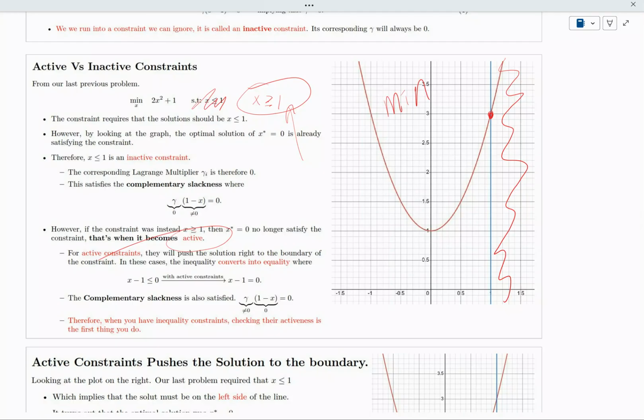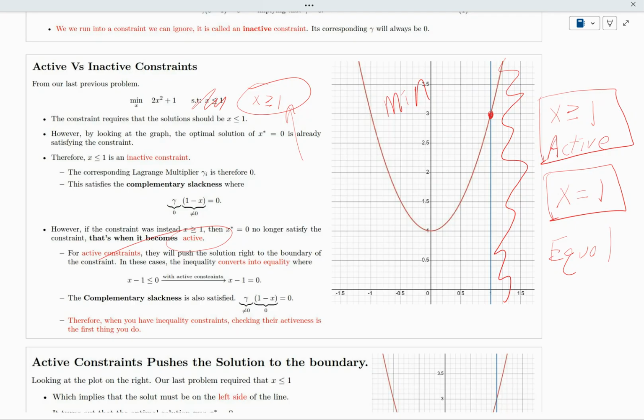In fact, that's always the case, right? So this implies that if we want x to be greater than or equal to 1 with active constraints, then x is simply equal to 1. So active constraints convert inequality into equality.